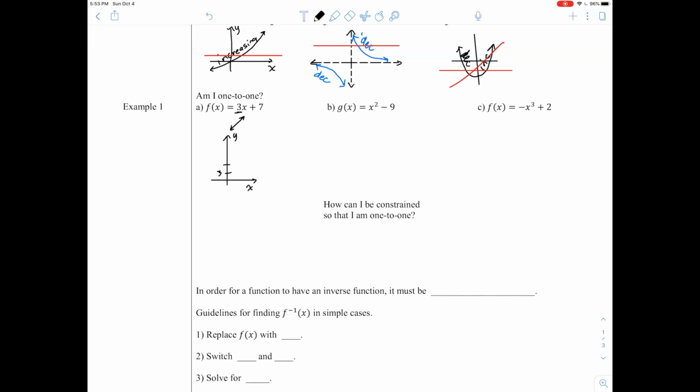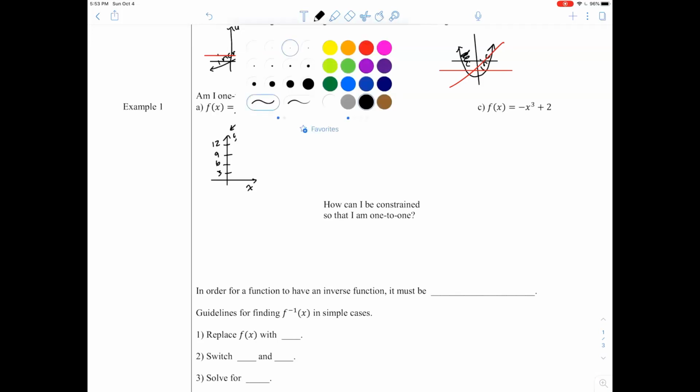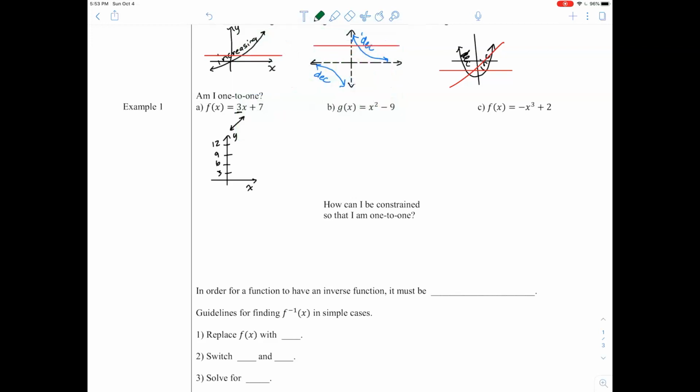So that's 3, 6, 9, 12, whatever, it doesn't matter. I guess I could have gone by 5s. Doesn't matter. So our y-intercept here is 7, and our slope is rise 3 and run 1. And so this is the line here. This graph is increasing as it moves across the domain from left to right. Therefore, yes, it is one-to-one.